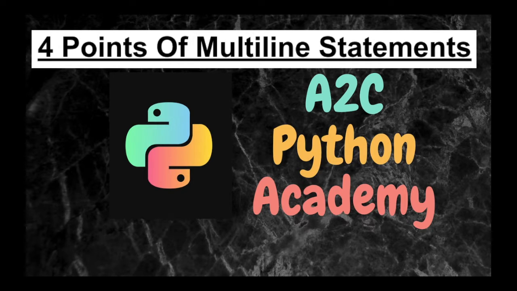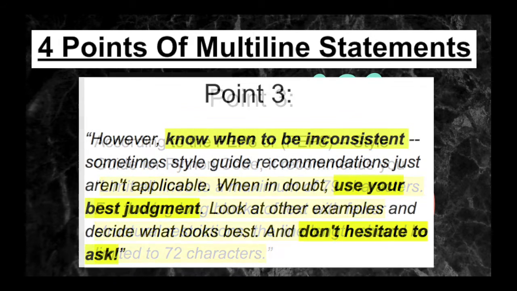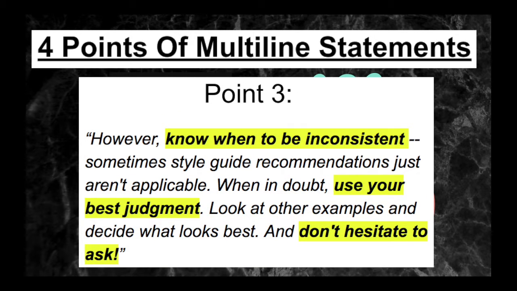Point 3. According to the PEP8 style guide for Python code, it recommends you limit all lines to a maximum of 79 characters. For flowing long blocks of text with fewer structural restrictions, the line length should be limited to 72 characters. However, know when to be inconsistent.